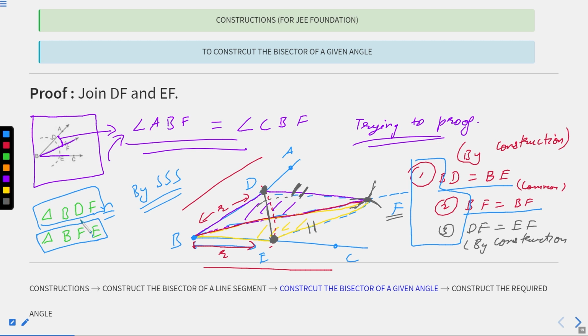Then this means the corresponding sides of the congruent triangles will make the same angle as in this triangle. So what I am saying here is, let me draw another diagram for this.